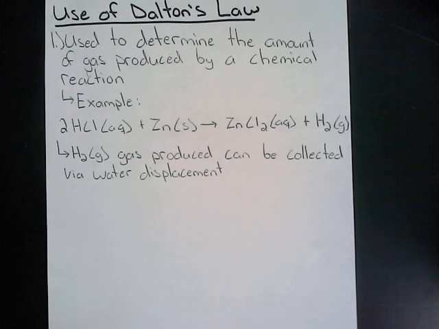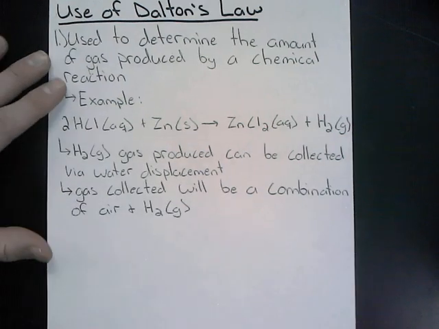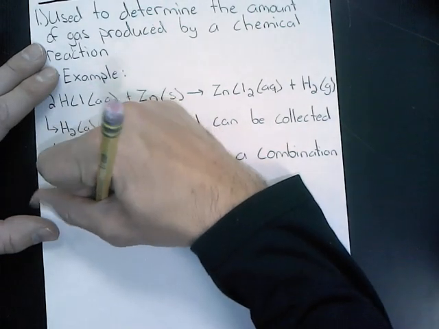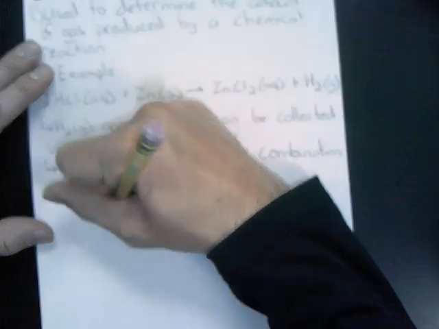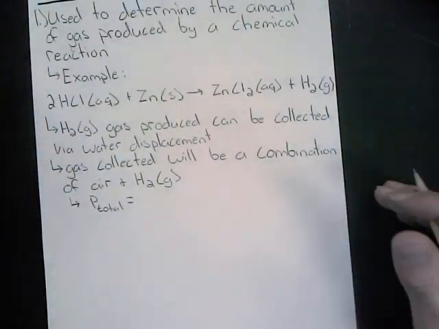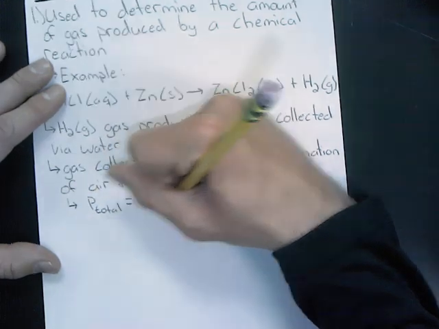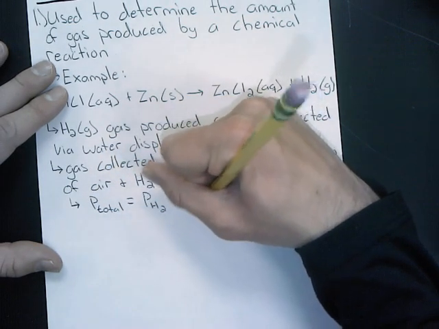Now, when we collect this gas via water displacement, we're going to have a combination of air and the gas from the hydrogen. So using Dalton's law of partial pressures, we could do this as follows. The total pressure inside this container that we've collected would be the pressure of hydrogen plus the pressure contributed by air.